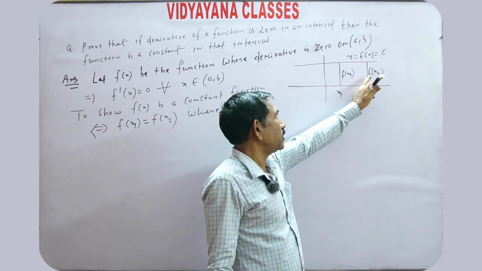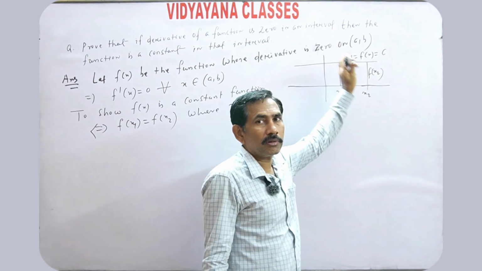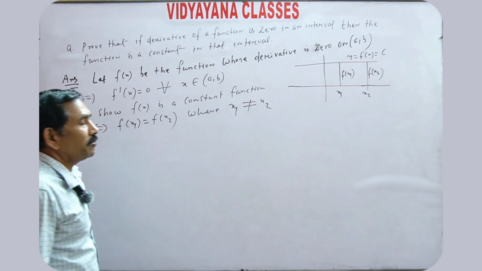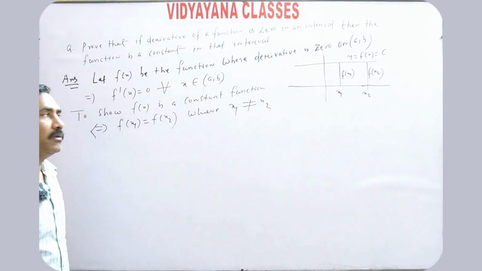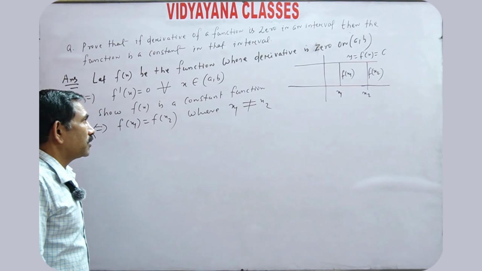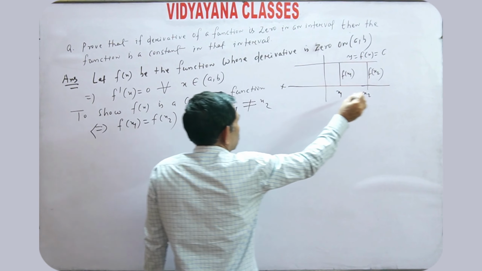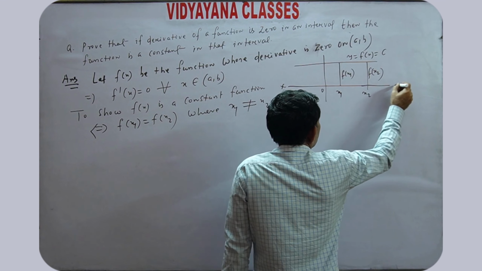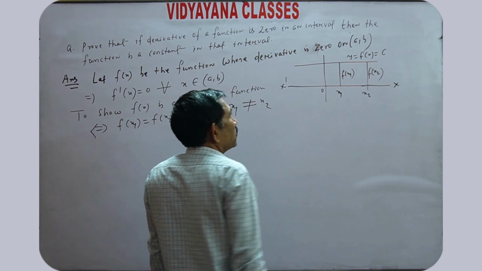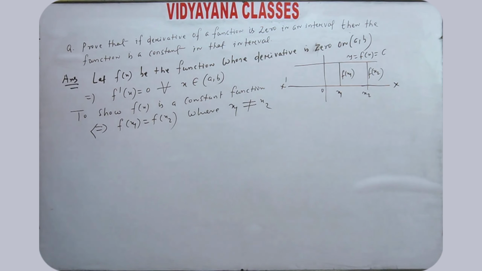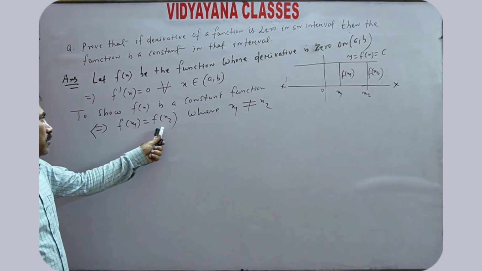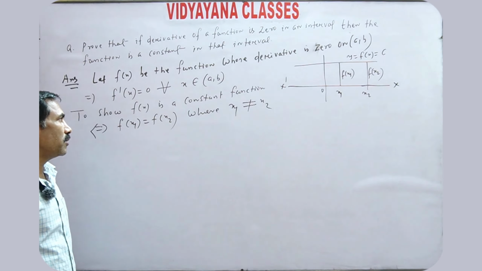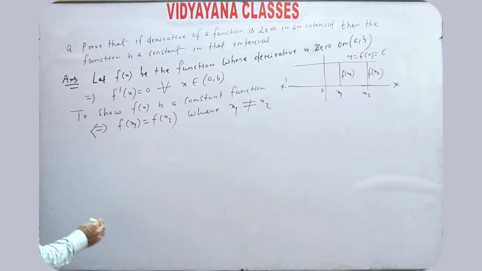A constant function is parallel to the x-axis. Here, to show f(x1) is equal to f(x2), where x1 is not equal to x2.